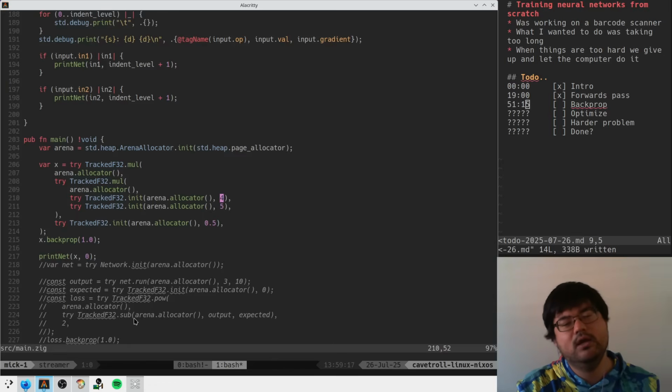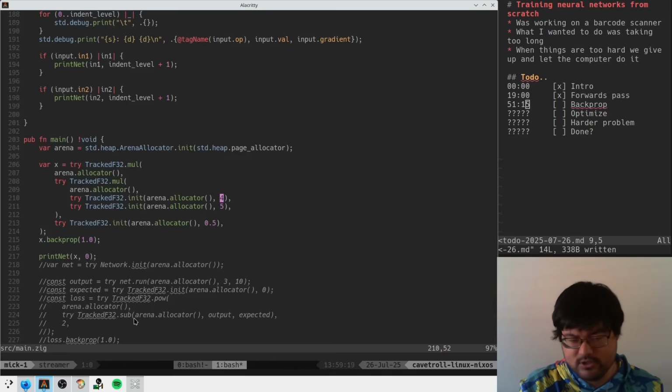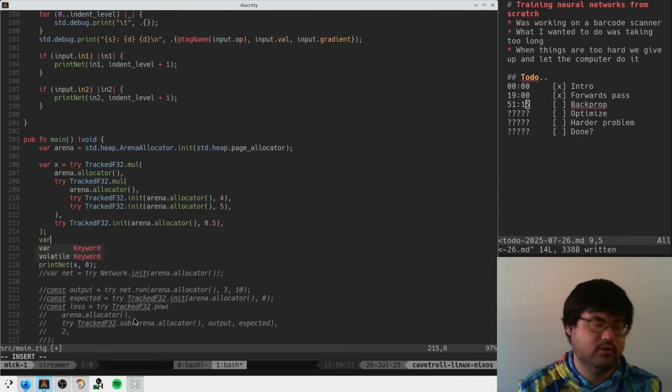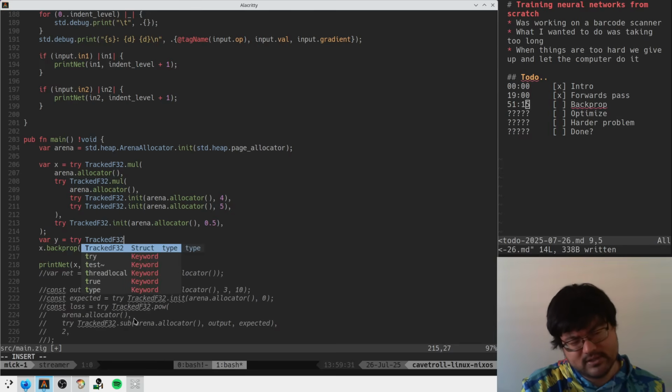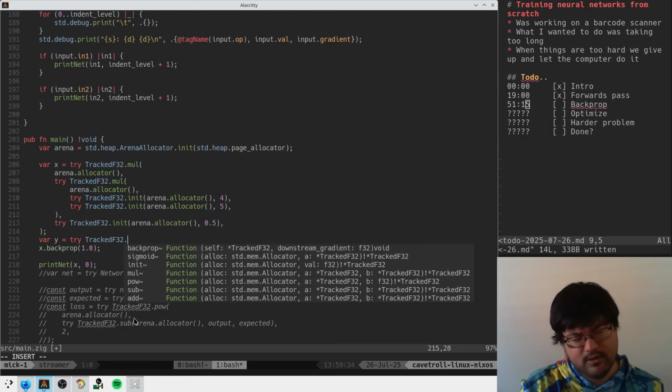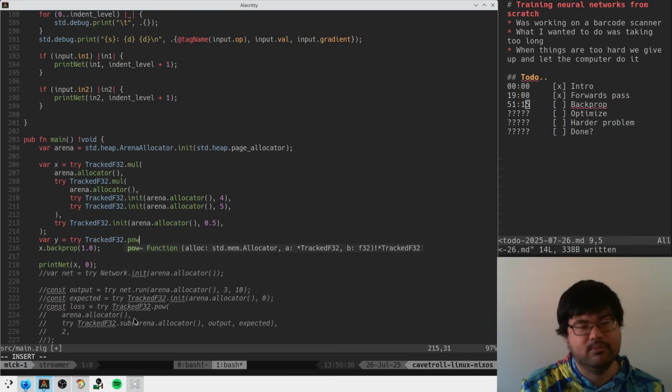Now, can we try adding in some other operations? It's very likely that some other operation is messing us up here. So let's try the pow function. Let's take the power of this to 2.